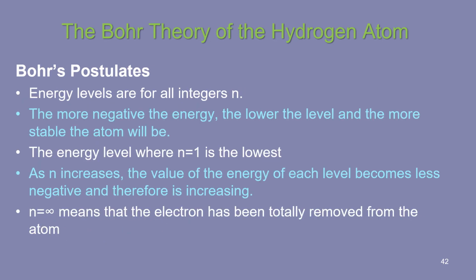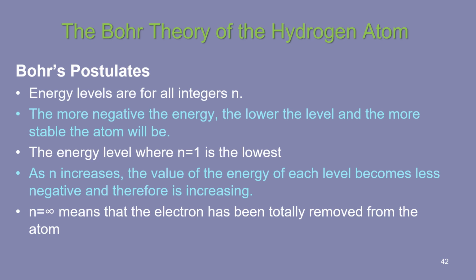Again, Bohr's postulates: energy levels are for all integers, n equals 1, 2, 3, 4, 5, etc. And like I just said, the more negative the energy, the lower the level, the more stable the atom will be. So the lower the electrons can be, the more stable that atom is. The energy level where n equals 1 is the lowest energy level.